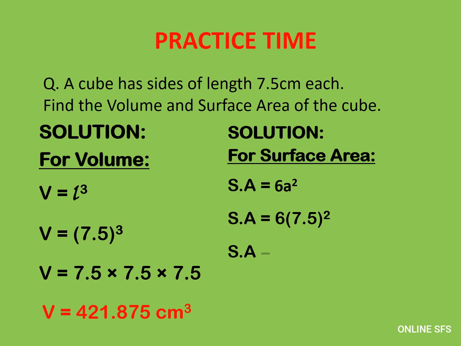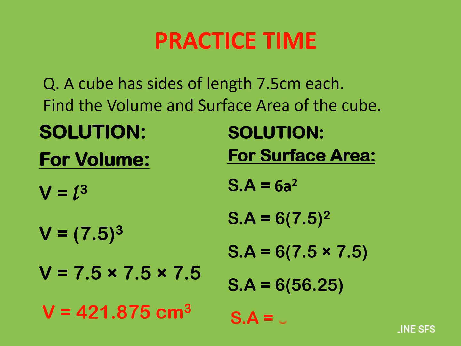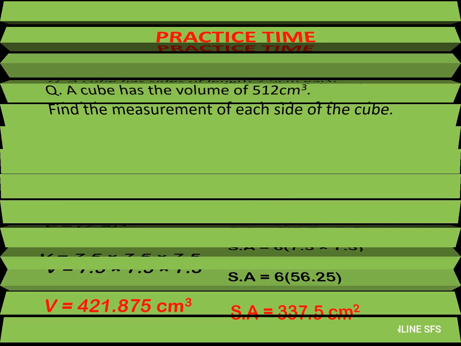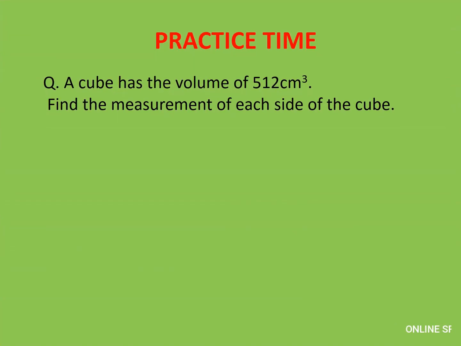We will multiply 7.5 with 7.5 and then multiply the answer by 6 and we will get the answer. That is the surface area of the given cube, and the surface area is 337.5 square centimeters.